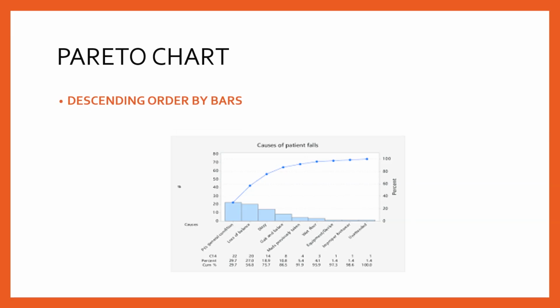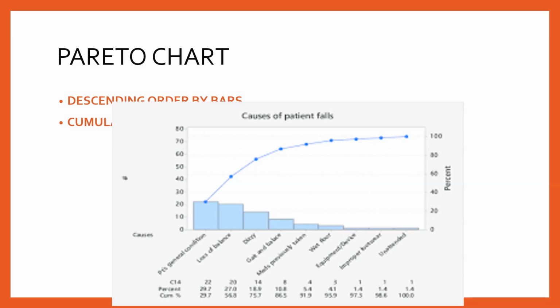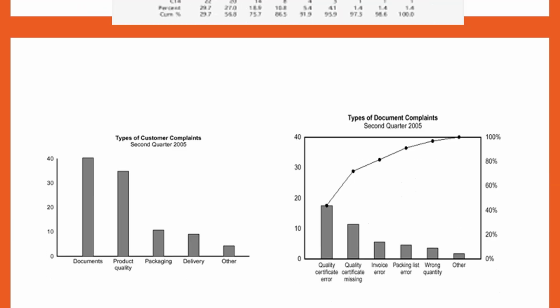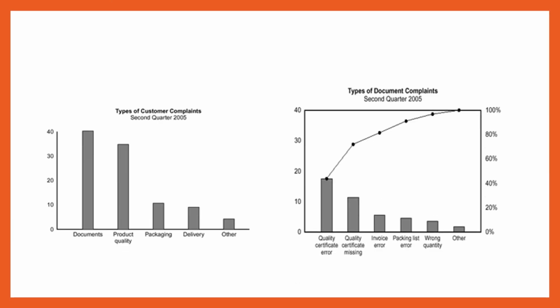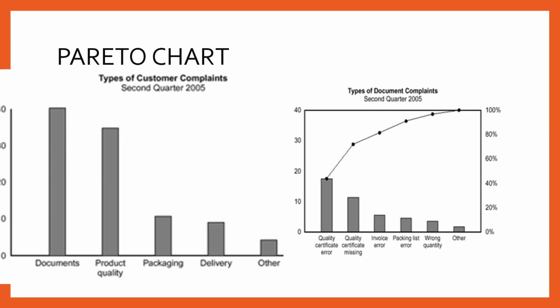So important decisions can be taken by using this Pareto chart, and the cumulative sum line is also formed here in this Pareto chart. That is the way quality control tools actually work. This is another example by which, if you see minutely, the Pareto chart gives a lot of information.